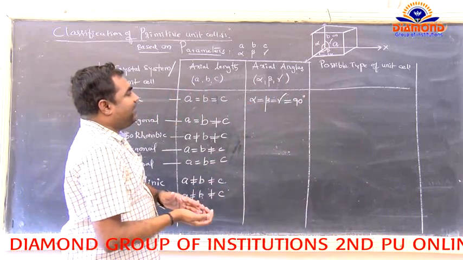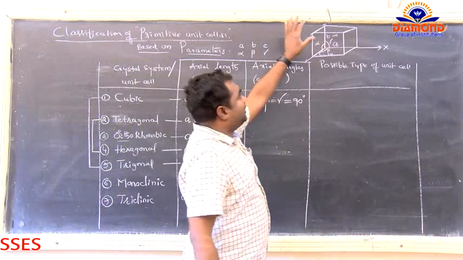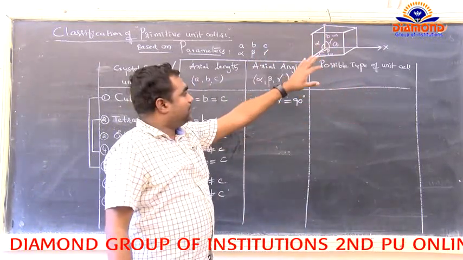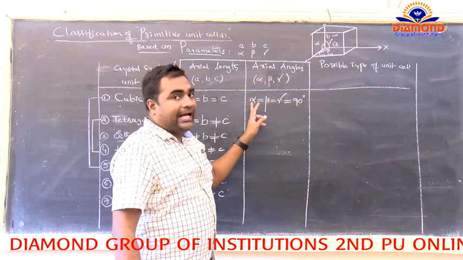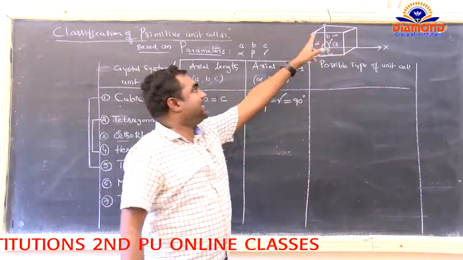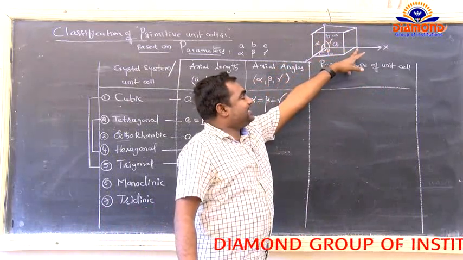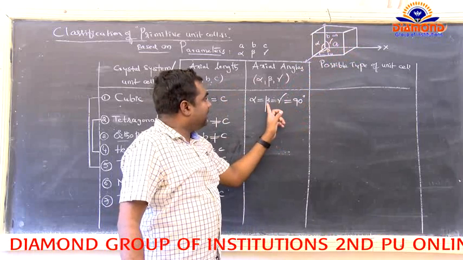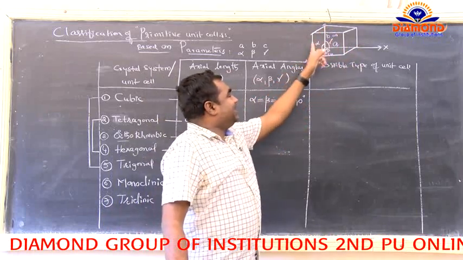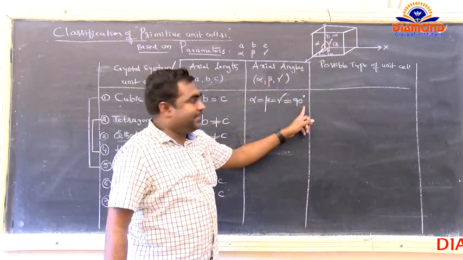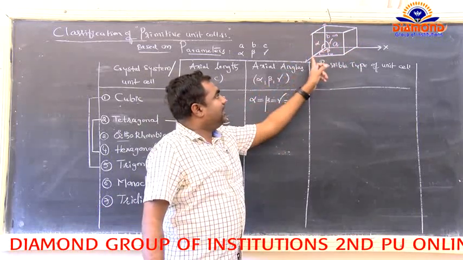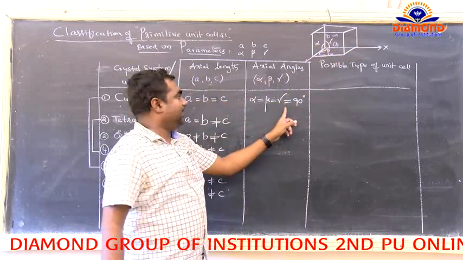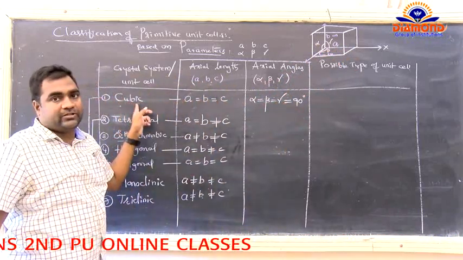Each and every angle between two axial lengths is 90 degrees. The angle between the x-axis and y-axis is 90 degrees. Between the y-axis and z-axis, the angle is 90 degrees. Between the z-axis and x-axis, it is 90 degrees. Then that is called the cubic unit cell.